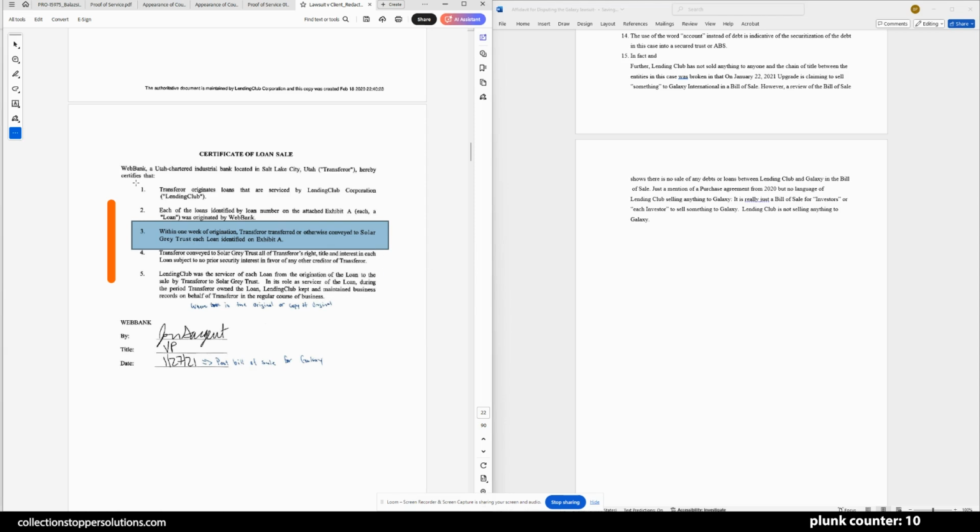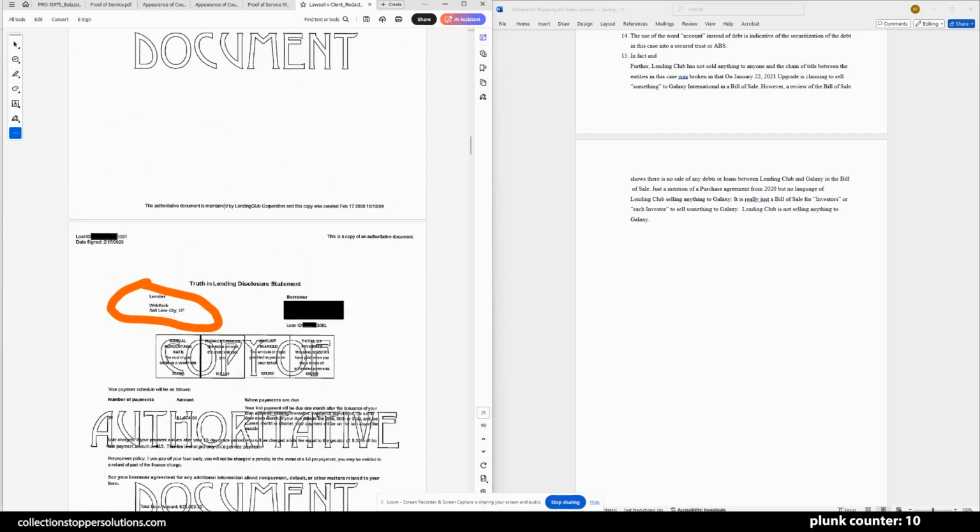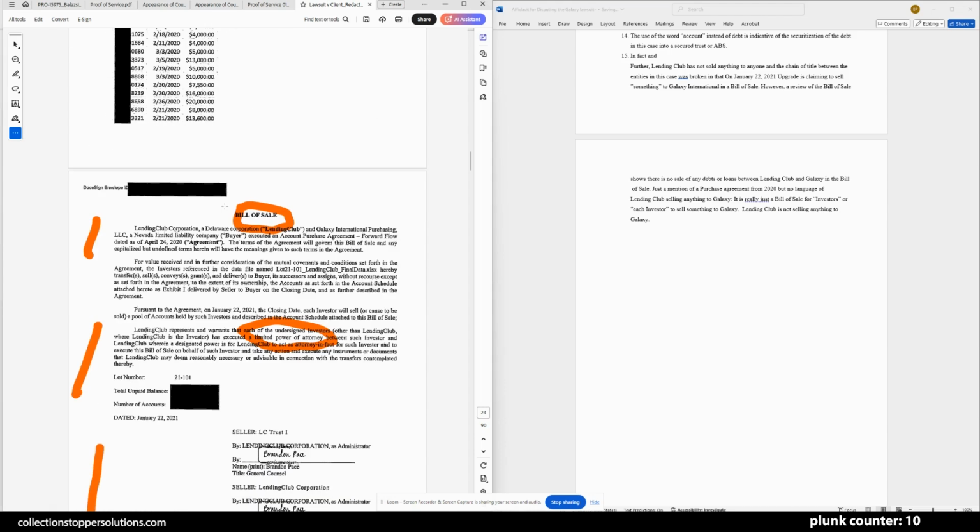They admitted, WebBank, that they've given everything to a bunch of investors a week after. And they are saying this 5 days after supposedly Lending Club, which has no ownership rights, but is now really a power of attorney for the investors.